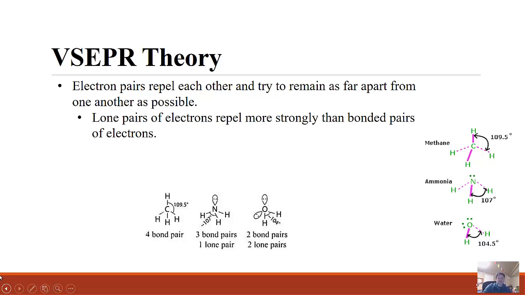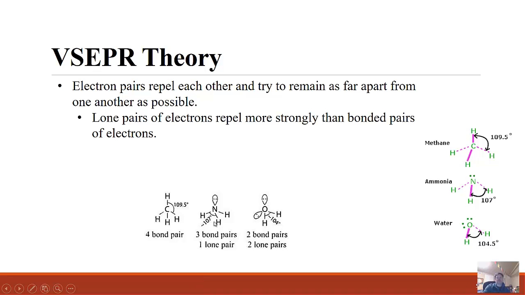If we look at something like this, where we have four different atoms around a central atom, we'd expect about a 109-degree angle between them. Now, if we replace one of these hydrogens with a lone pair, that lone pair has more ability to push those angles. So the angles between these hydrogens down here actually become smaller than 109.